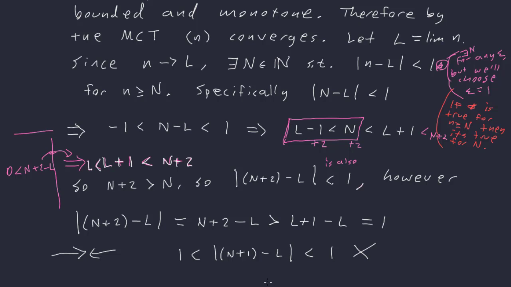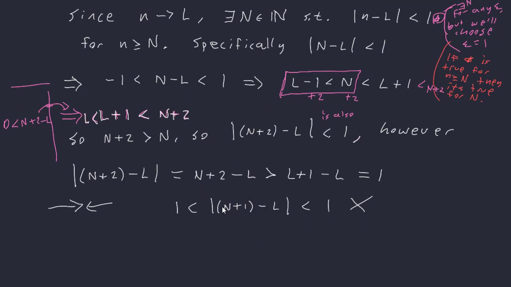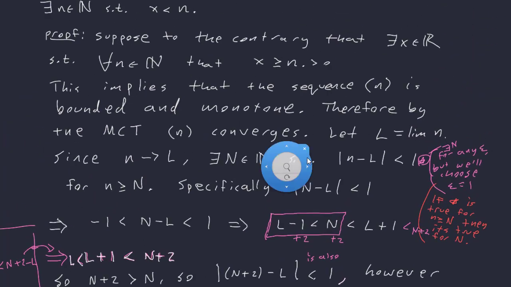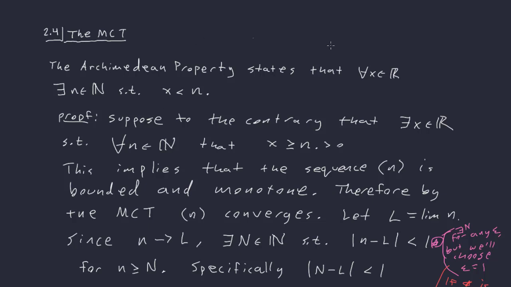All right, so this is a contradiction, and that will finish the proof. Therefore, the Archimedean property is true. Now, of course, we know that, but this is a proof using solely the monotone convergence theorem.